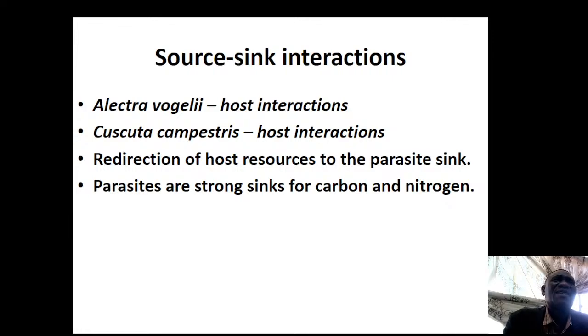Most of the carbohydrates are directed to the parasite, and this reduces the growth of the host. Because Alectra vogelii and Cuscuta campestris form what we call very strong sinks for carbon and nitrogen.